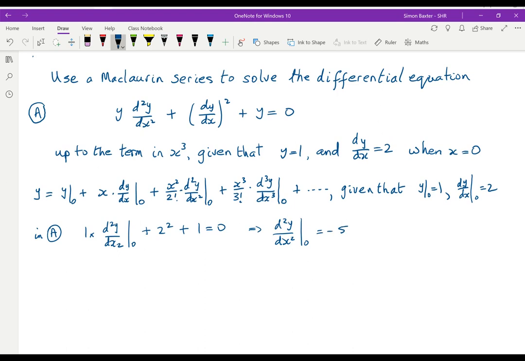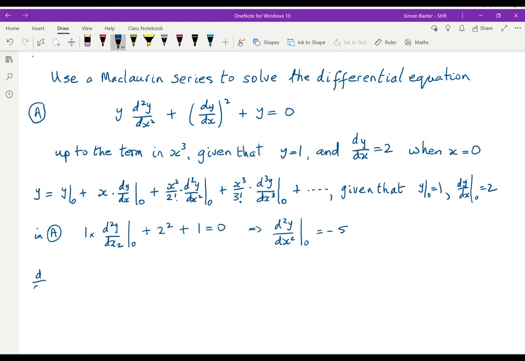So we're on the way. We can get as far as here. We now want d3y by dx cubed. All we have to do is to differentiate this equation. If I differentiate this equation, I will get an expression with d3y by dx cubed.